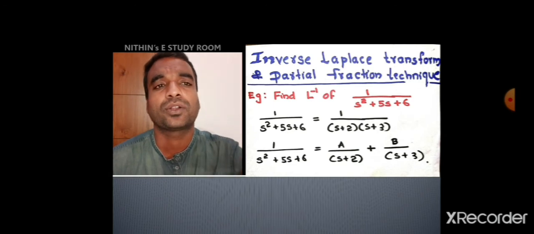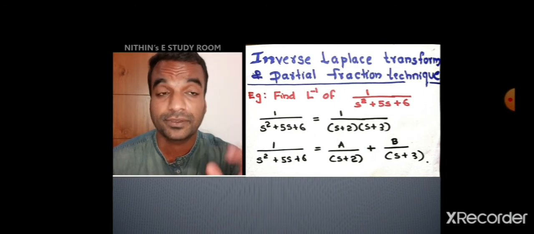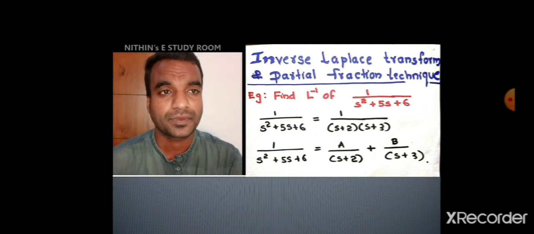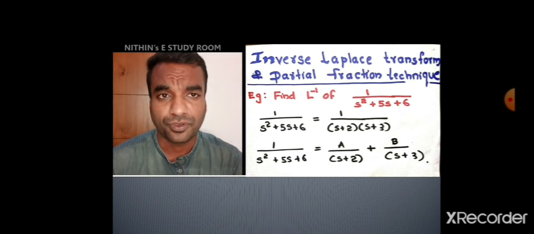Because s plus 2 into s plus 3 is nothing but s square plus 5s plus 6. But that can be rearranged as a by s plus 2 plus b by s plus 3. This is the basic step for doing the partial fraction technique.